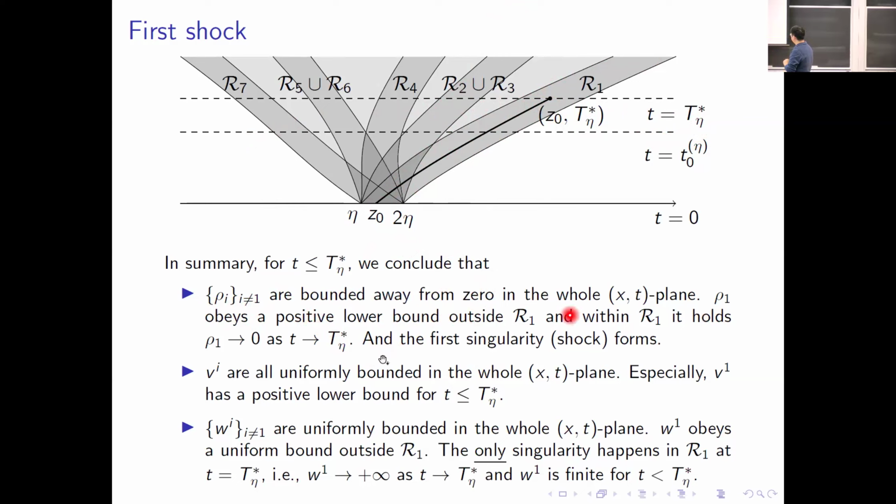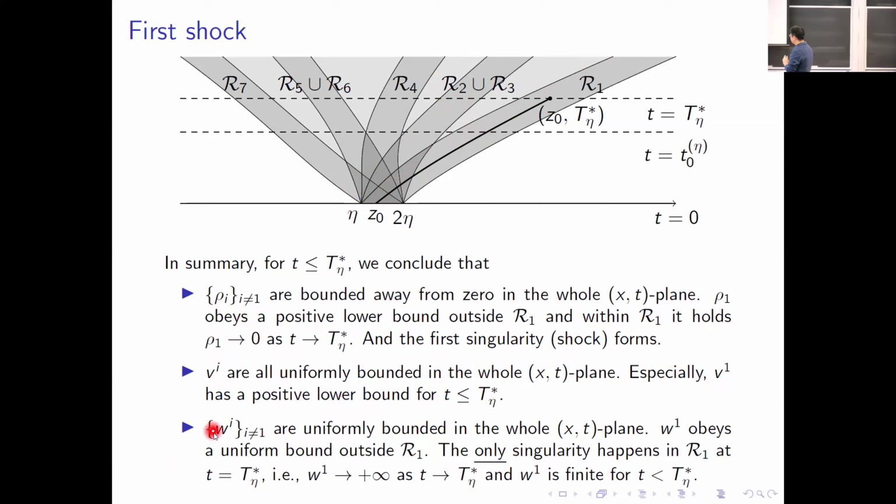Rho 1 obeys a positive lower bound outside of R1, and within R1 it goes to 0. We know the first shock happens within R1. We can also prove that all these V i are uniformly bounded in the whole region. In particular, it will be used for a later argument that V1 has a positive lower bound.